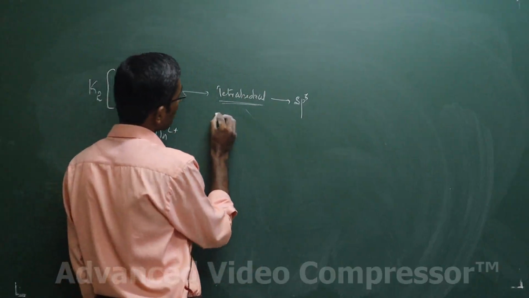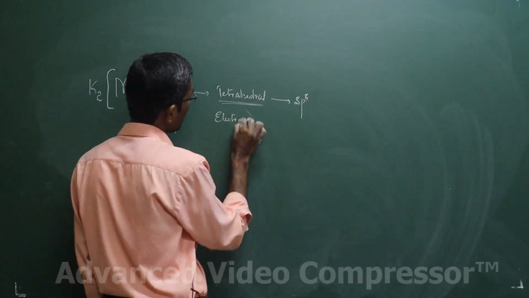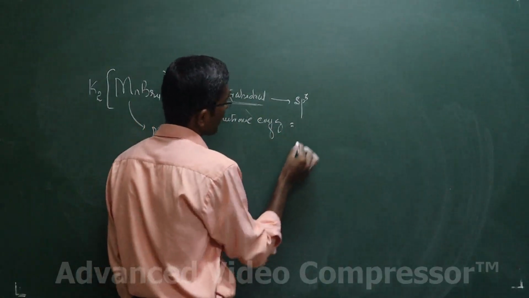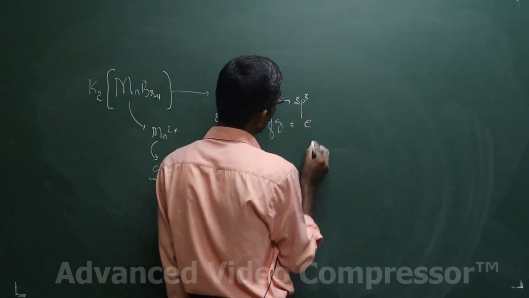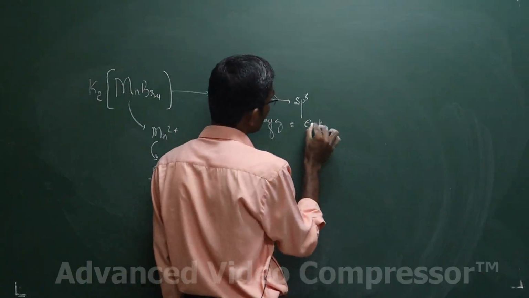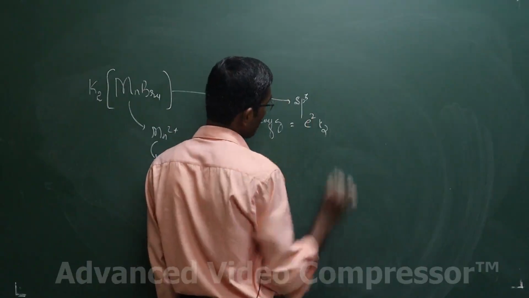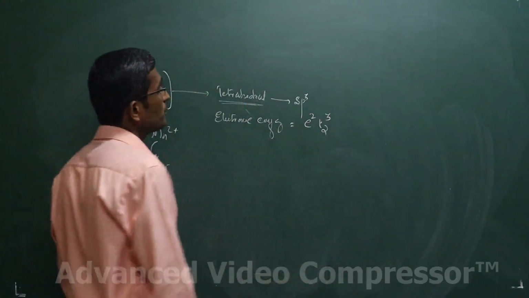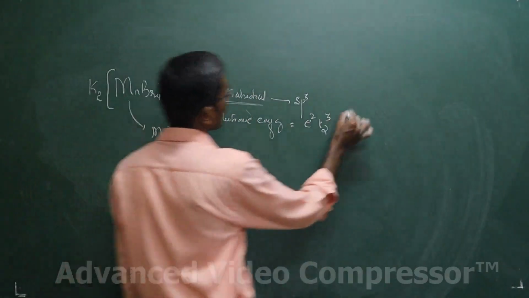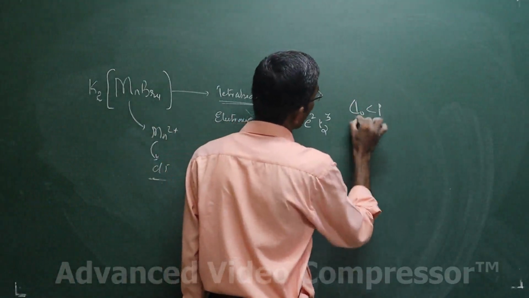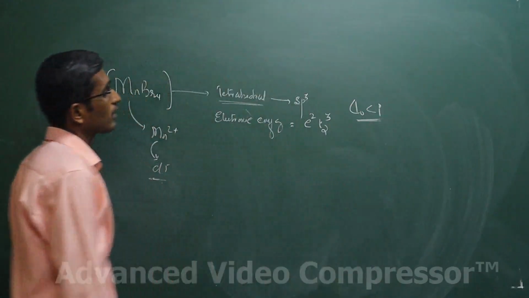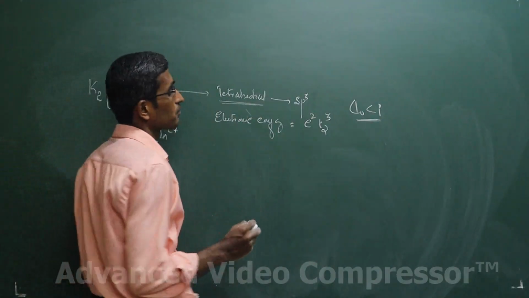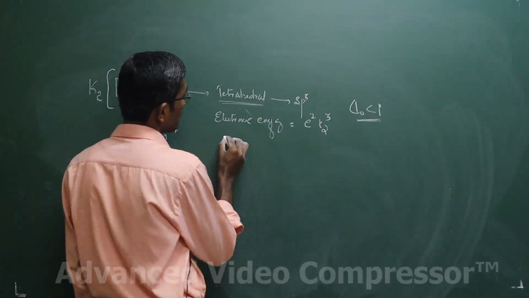Right, the electronic configuration will be d5, e2 t2 3, because delta t is less than the pairing energy, so the electrons go up rather than getting paired. e2, t2 3.